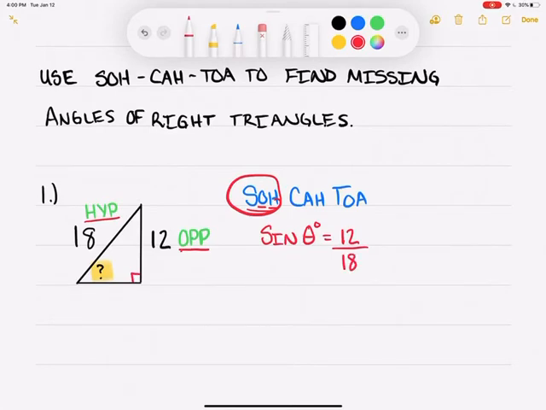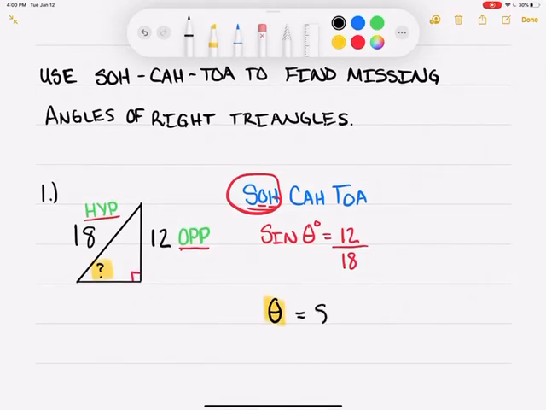Now remember, I need to use inverse trig functions, which means I take my angle, I put it by itself, I write my equal sign, and then I have the inverse sine to the -1 power of that fraction, which is 12 over 18.